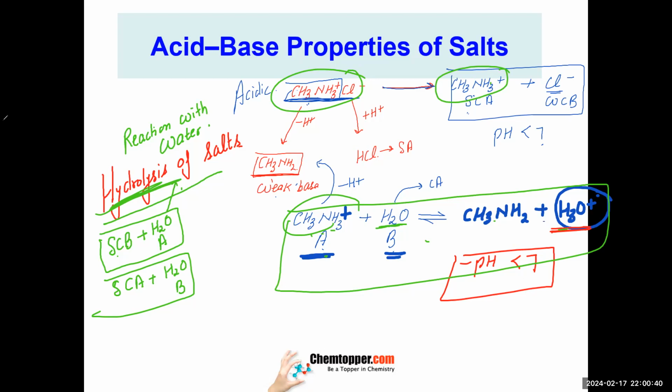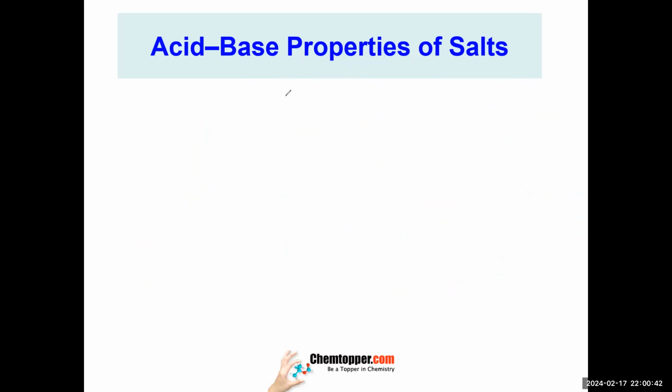Let's try to understand one more salt, KNO3. Can you identify from which acid and base you are getting K plus and from which you are getting NO3 minus? I'm going to place it in water and it's going to dissociate completely as K plus aqueous and NO3 minus aqueous.